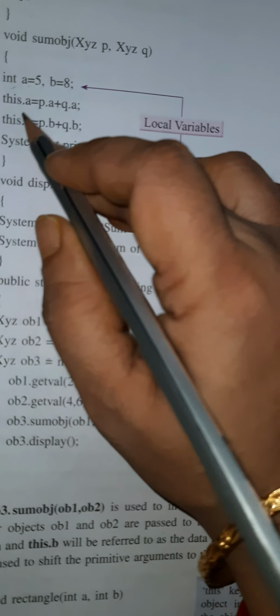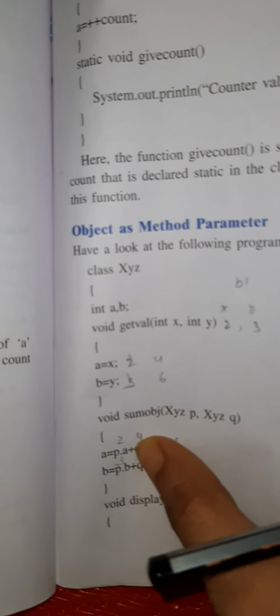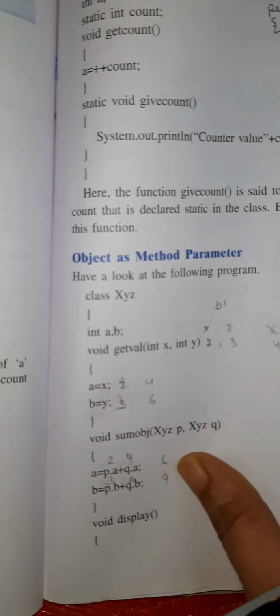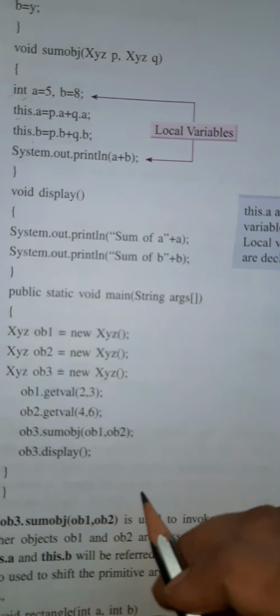To use this local variable as the current variable, we have used the this operator. In the previous program int a and int b were not mentioned as local variables, so the this operator was not used. But here it is mentioned as a local variable since it is declared inside the method. So to make the local variable the current variable, we are using the this operator.